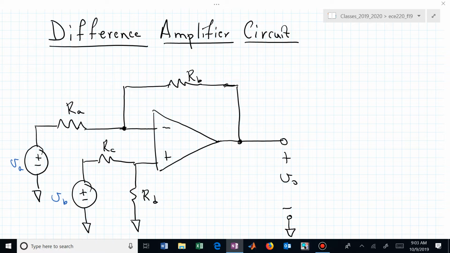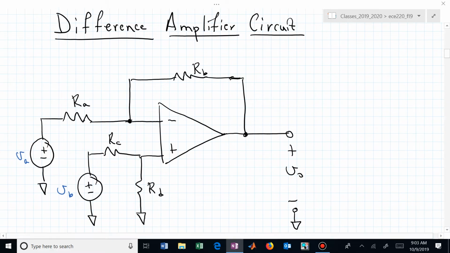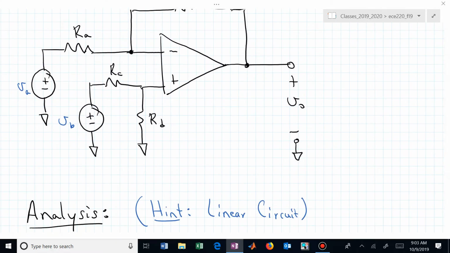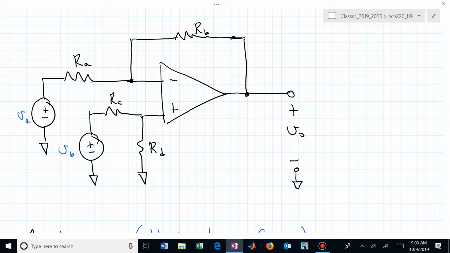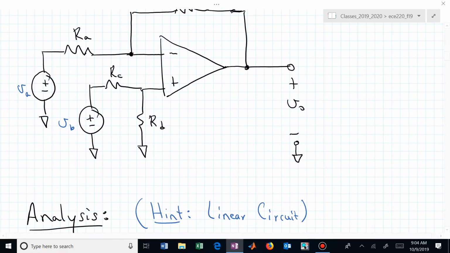So now what we want to do is analyze this circuit. What is the output voltage, V sub 0, in terms of these two different sources, V sub A and V sub B? To help with that analysis, I've provided us with a hint.